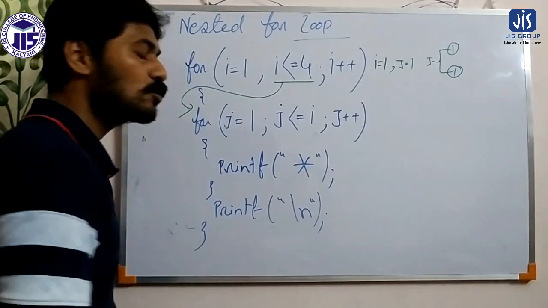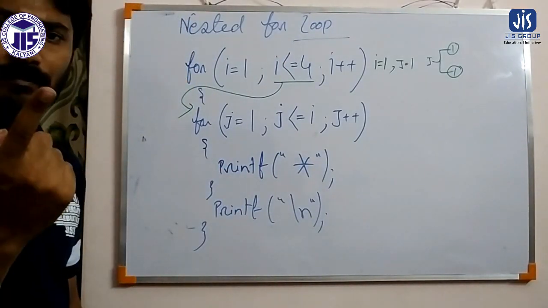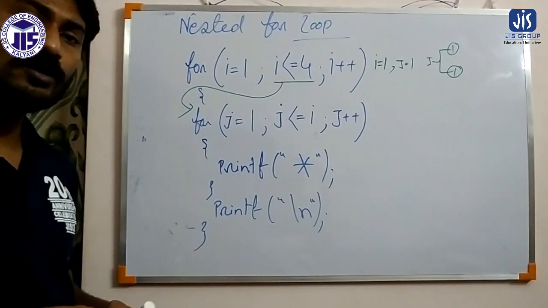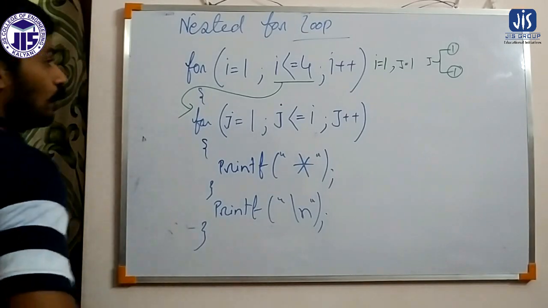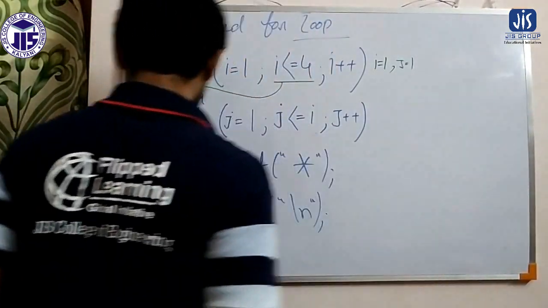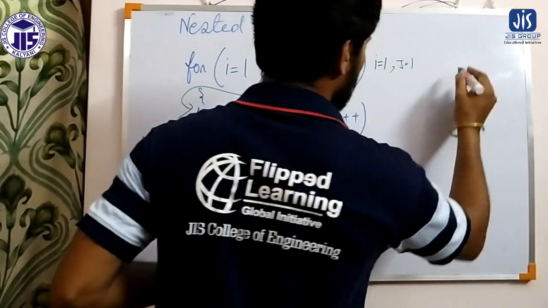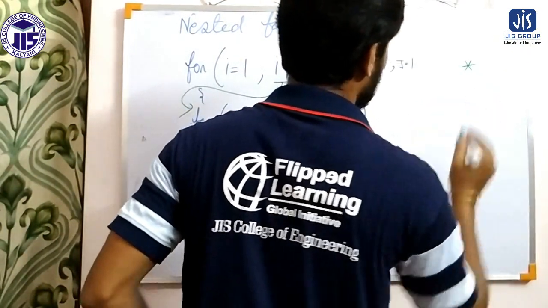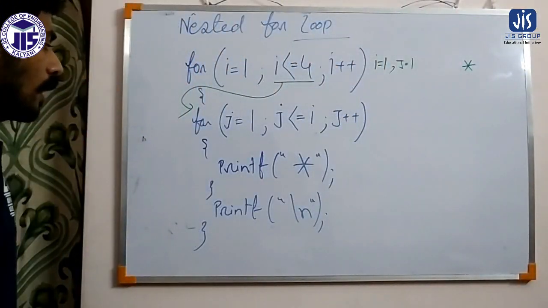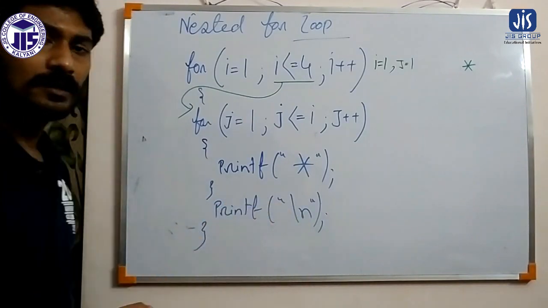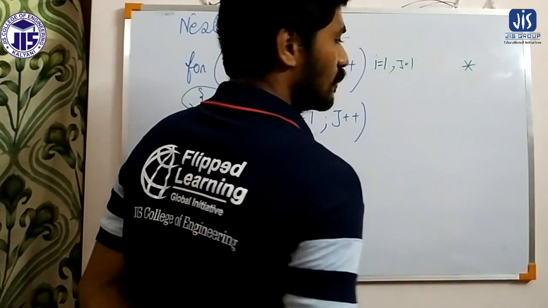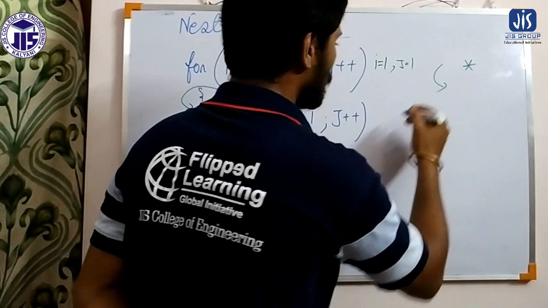So how many times should the printf statement get executed? One time only. So in the output we will get only one asterisk. After that, new line. So we come to the next line.